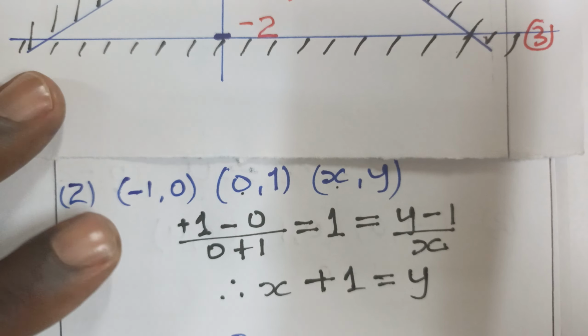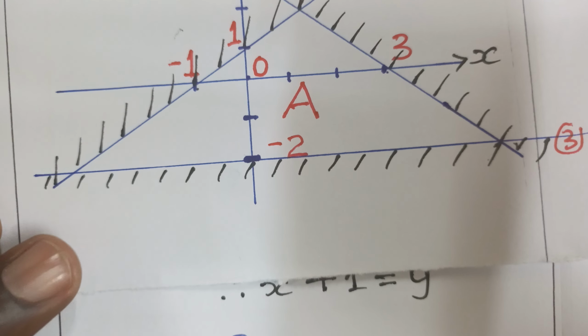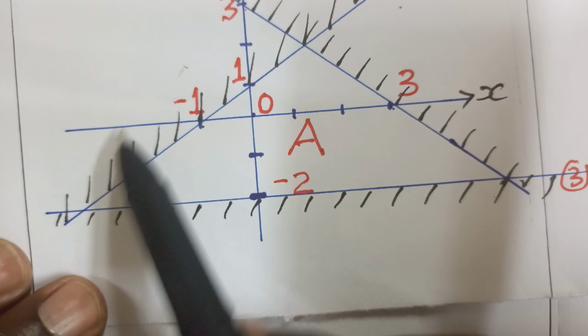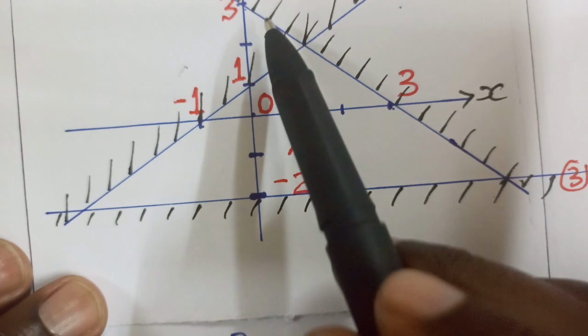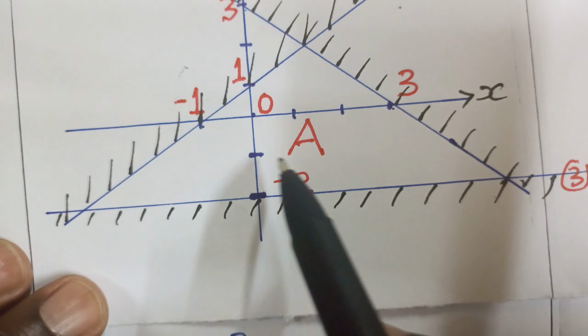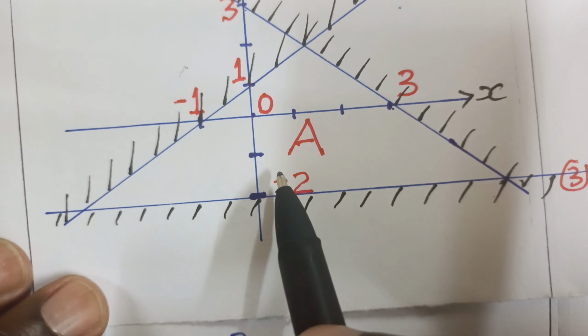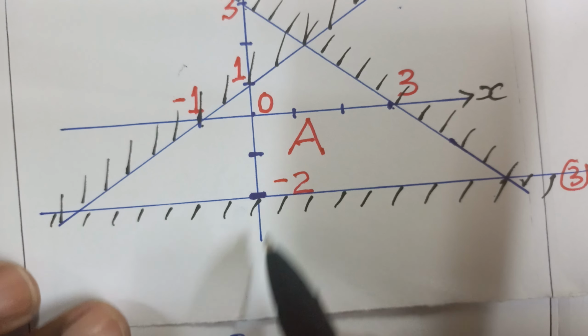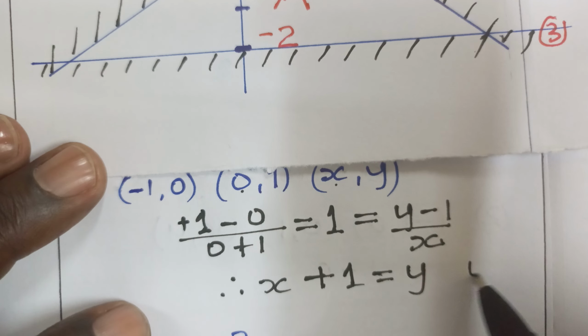Now we check on that line yet again. We have our undesired region and the desired region on this side. I can take negative 2 again, that is 0, negative 2.